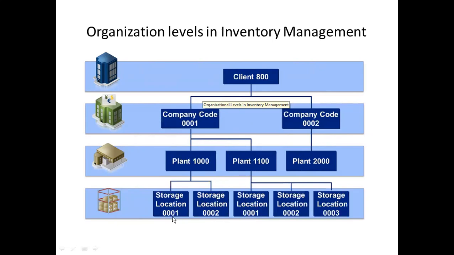So you can use the same names, but under a different plant. For each plant you should have a unique code, but in the case of store locations, you can use the same names, but under a different plant or company code.